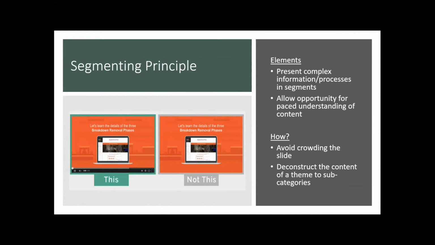So for instance, you are probably going to have to present the methodology of how your research is going to be carried out. It is tempting to cram it all into one slide and get it done with, but please resist that temptation. Sometimes what you may need to do is break it up into areas that are relevant to one another and present them in a sequence in small installments so that people can follow your presentation well.